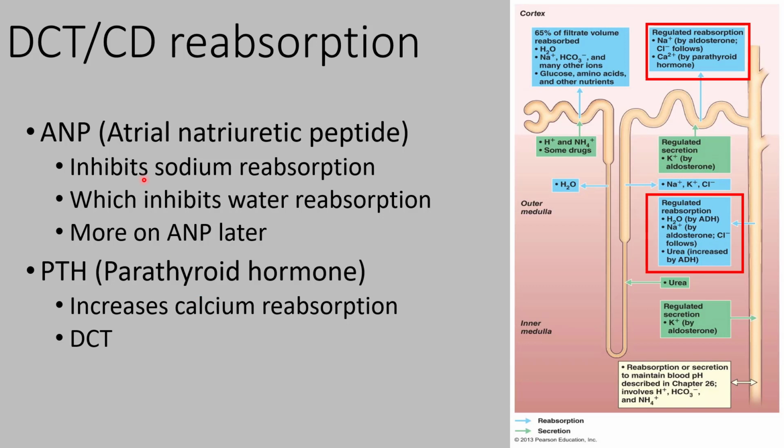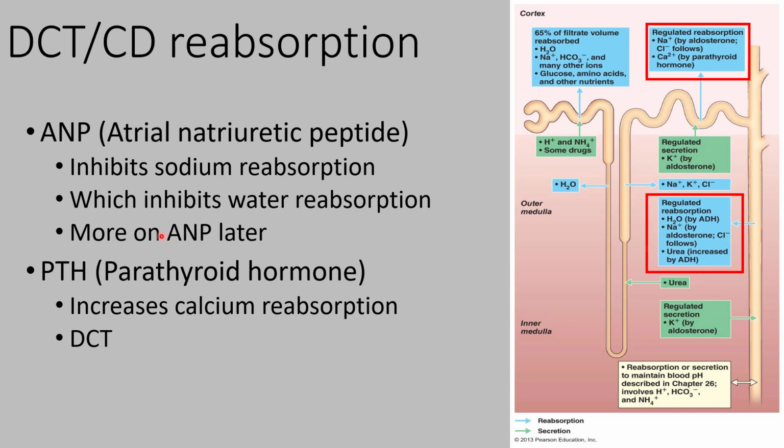All right, what else? Atrial natriuretic peptide, ANP. We talked about that back in endocrine. ANP, in some situations, inhibits sodium reabsorption. It does that by blocking aldosterone. So that inhibits water reabsorption, and we'll talk more about ANP in our next lecture.